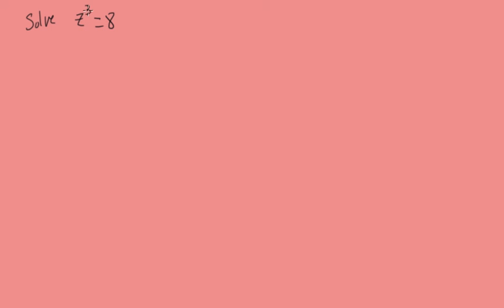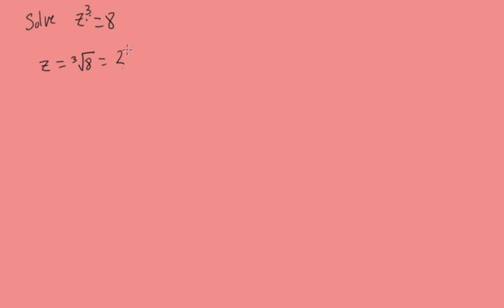Now, this is a degree 3 polynomial. Therefore, there's 3 solutions. We know that z is going to be equal to the cube root of 8, which is 2. There's a real solution. But there must be 2 complex solutions.